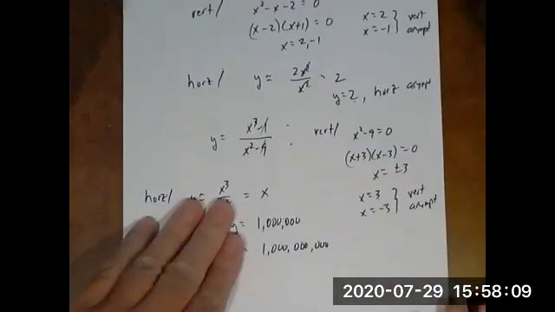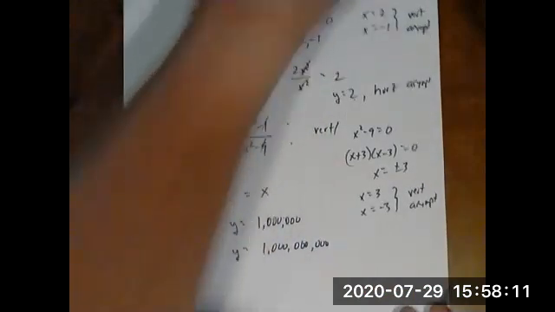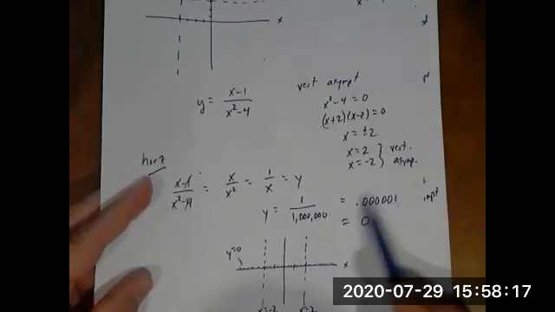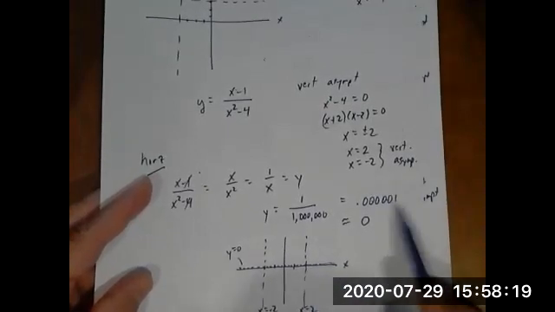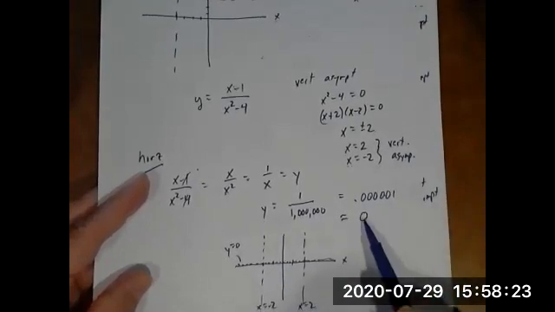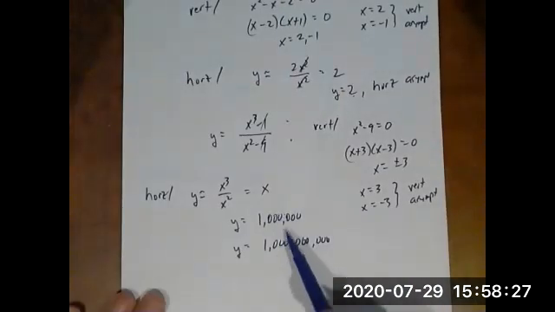Now, unlike the previous problem I did, when I put in larger and larger numbers for this x here, the answer got smaller and smaller and smaller, and it got really close to 0 and kept getting closer and closer to 0. Here, when I put in numbers, it just gets bigger and bigger.